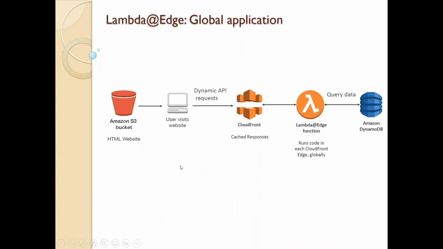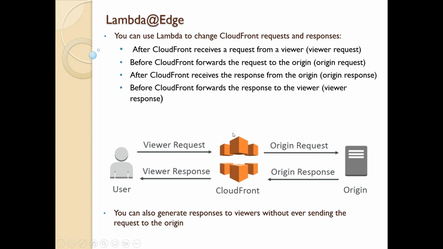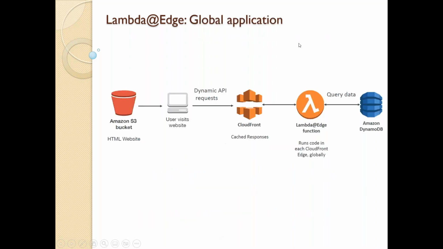And this is an example where you have an HTML website, the user visits the website, you get some requests, you cache the response and write a Lambda function which will go and query the data from somewhere and give it back to the user. So whenever you have a Lambda function placed in any of these 4 places, this is called Lambda at edge.